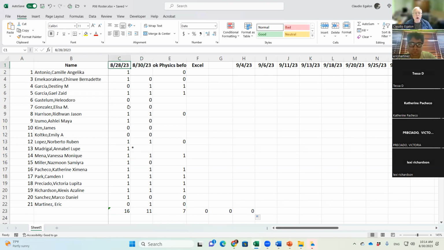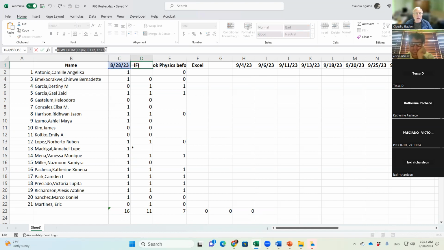We started on August 28th, which was Monday, right? If I want to generate the other days of our classes, I just wrote down a little formula to generate the other dates. If the weekday on C1 is a Monday, Monday is represented by 2 in Excel, then today's date is going to be 28 plus 2, which is 30, right?